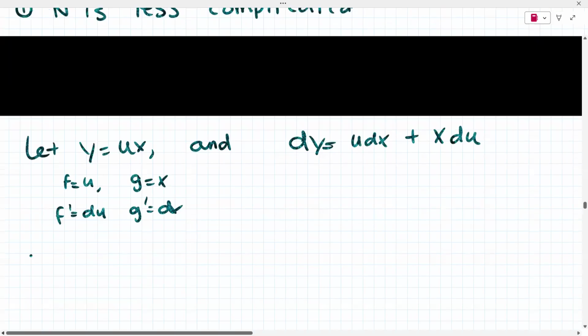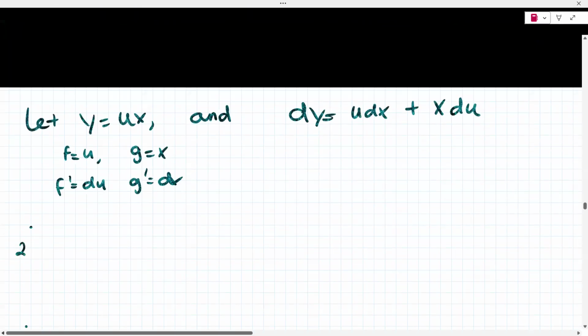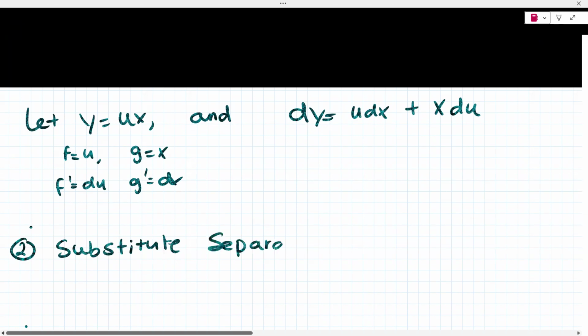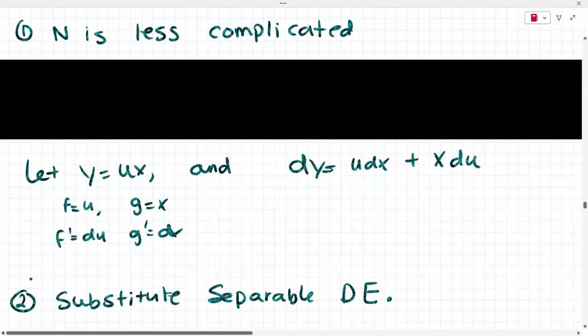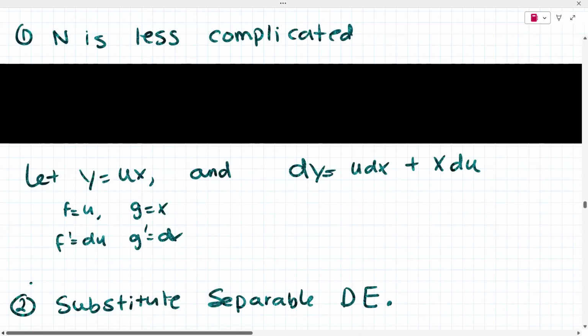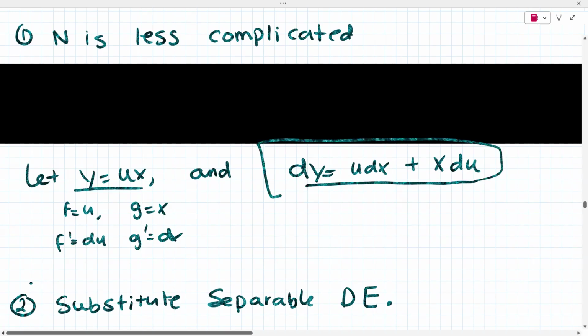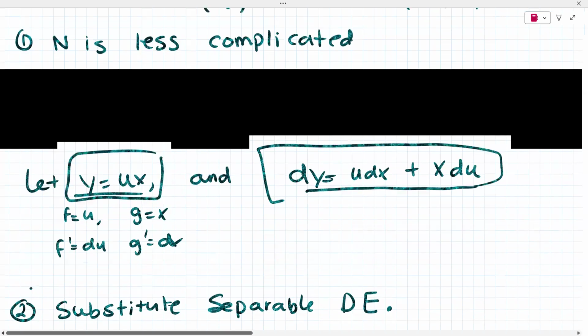Okay, step 2, substitute to get a separable differential equation. We said that our y is equal to ux and our dy is this. So let me just box it so you know what you would have to substitute.